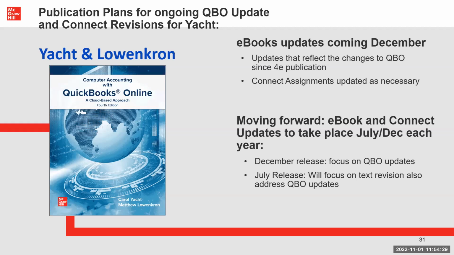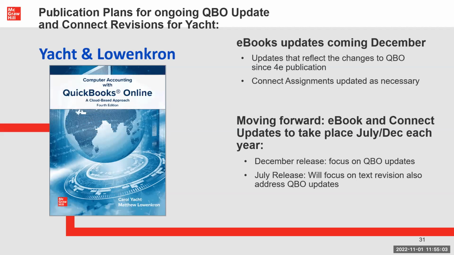Now, moving forward with this author team, we have a lot less print users and more Connect and ebook users with this book. So the authors are taking an approach that they're going to continue to focus on releasing twice a year ebook updates, so in July and in December each year. So each main semester, you'll have an update of the ebook that students can use that will be the most aligned with the latest version of QBO.